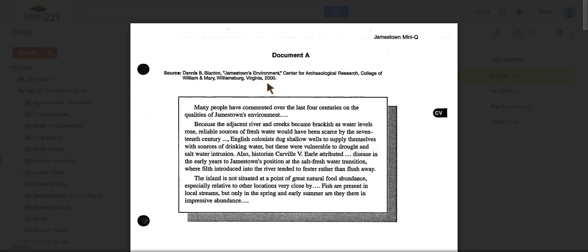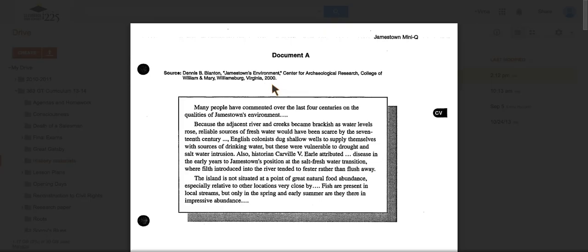So we know that this document was written in 2000. So the first question you can answer is, this is an excerpt from a book or journal. The second question is, it is a secondary source because it was written in the year 2000. If it would have said 1607, 1608, 1609, then it would be a primary source. So we know this is a secondary source.